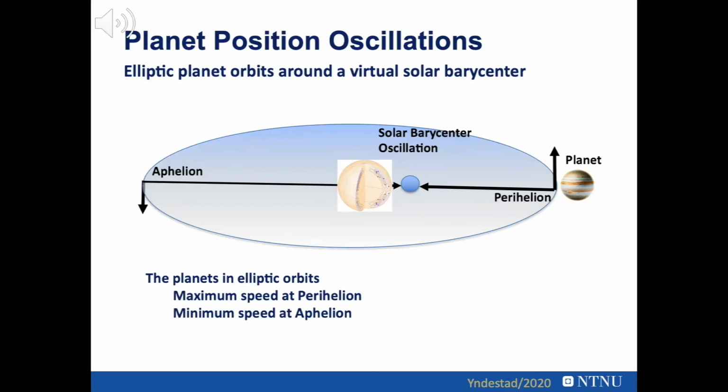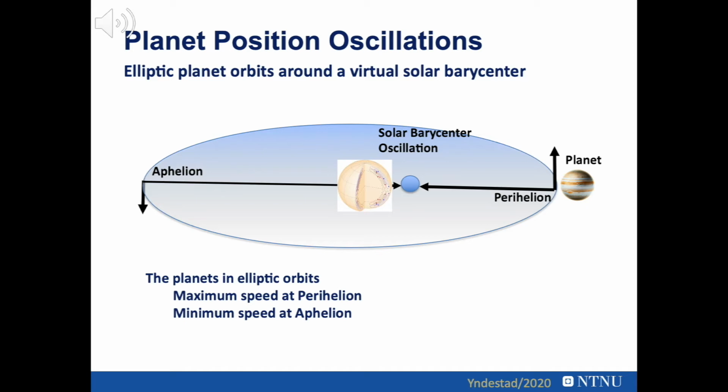So, how can planets affect radiations from the sun? The planets follow elliptic orbits. They have the highest speed closest to the sun at perihelion. The planets and the sun have a common mass center, which is called a barycenter.